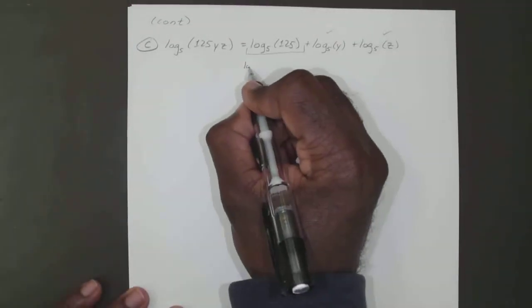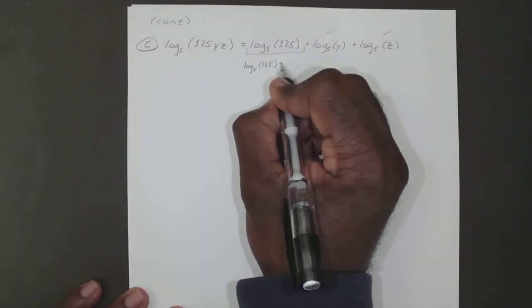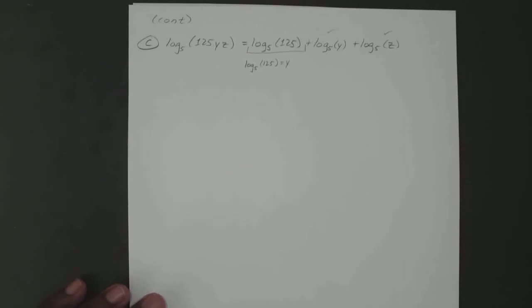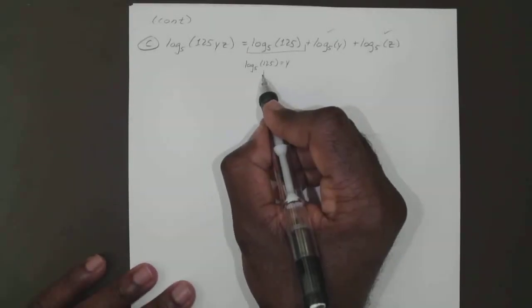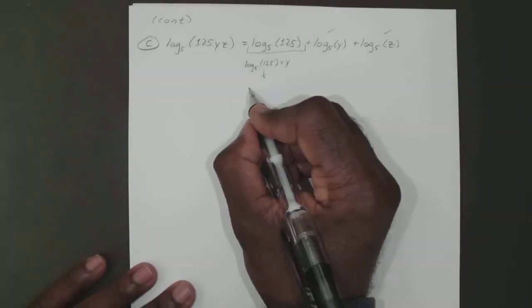Okay, so let's say log base 5 of 125 equals y. So that's 5 to the power of y equals 125.